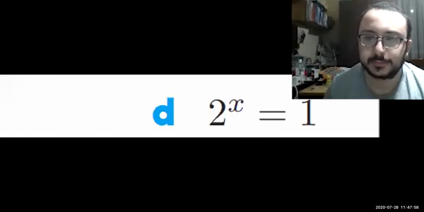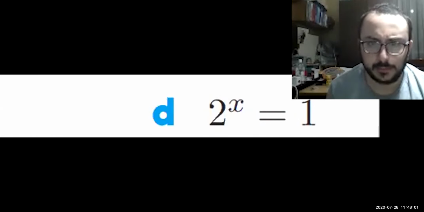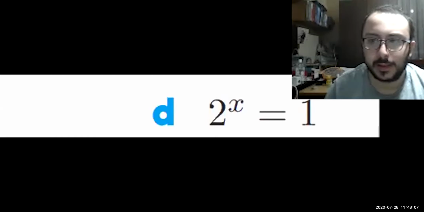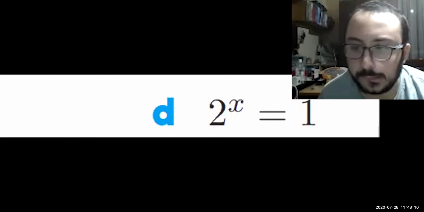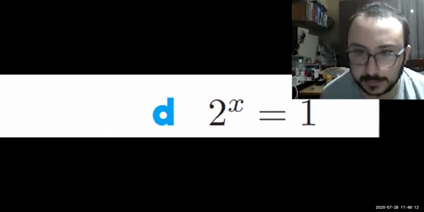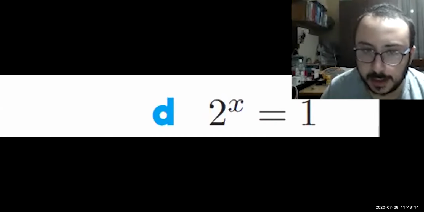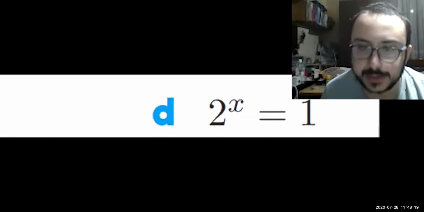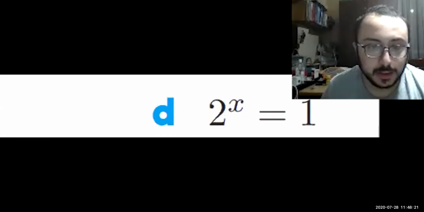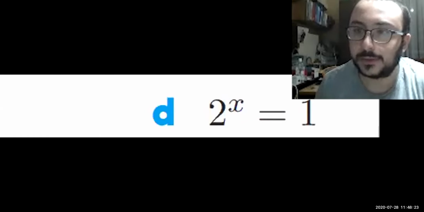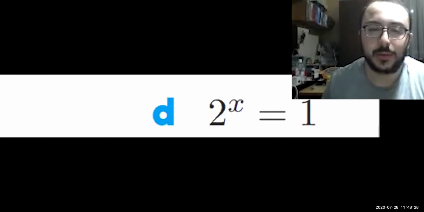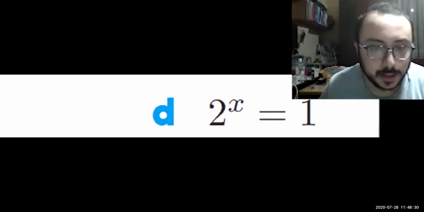This one, it's 2 power 0. Yes, 1 is 2 power 0, so x equals 0. So you see, you're getting better. You're becoming good with powers and all this.